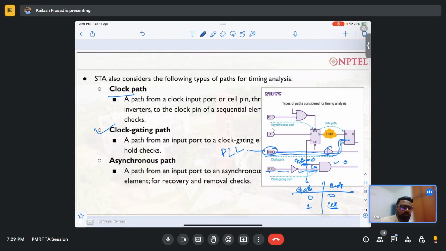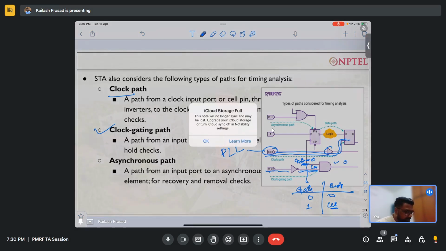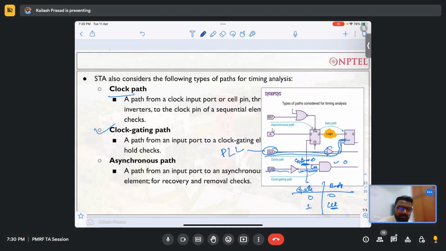And why do you do clock gating? Anybody know the reason for doing this kind of clock gating in the circuit? Anyone? Okay, the main reason behind clock gating is to save power.